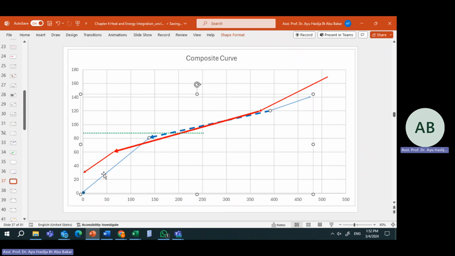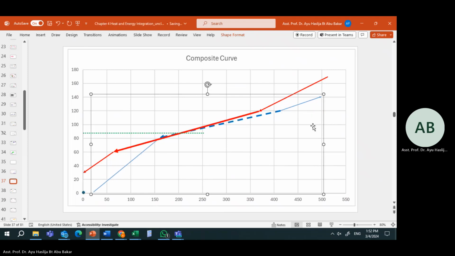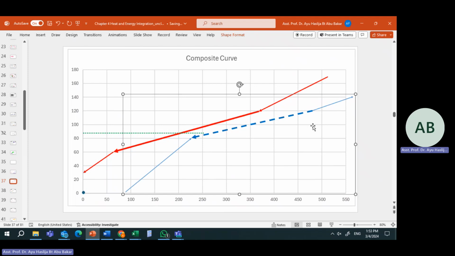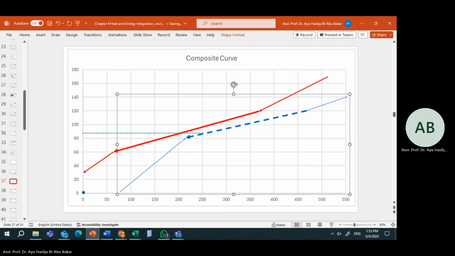Now delta T min 10. Move until you find the delta T min equals to 10. The lowest point.